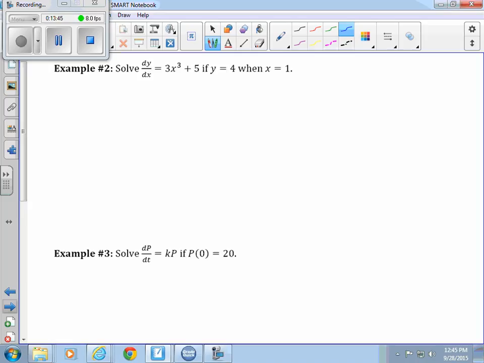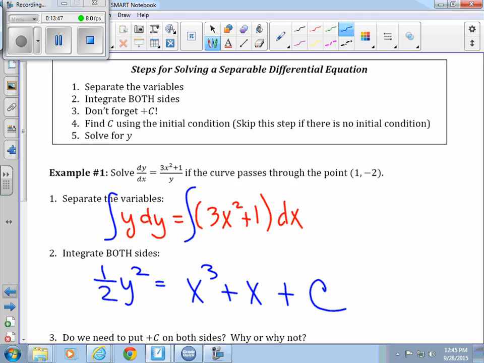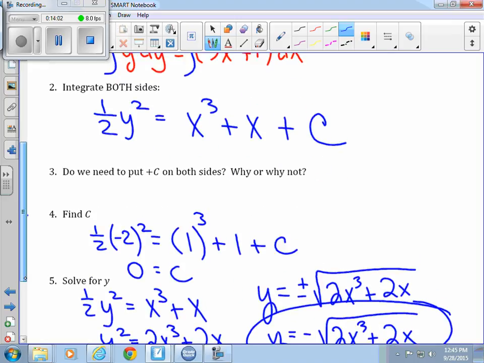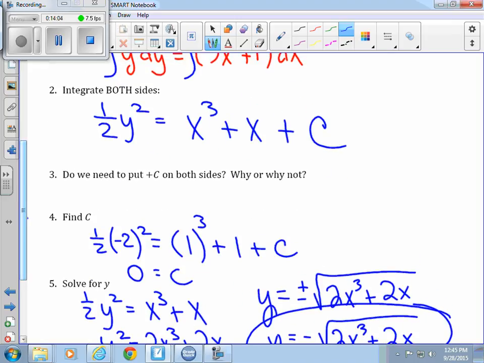So the point that we were given. Something before that, before we go there: the solution to a differential equation is always a function, just one function, something you can type in y equals. And so we got a plus or minus, which is not a function. So I essentially just need to know which one it was, the plus or the minus.